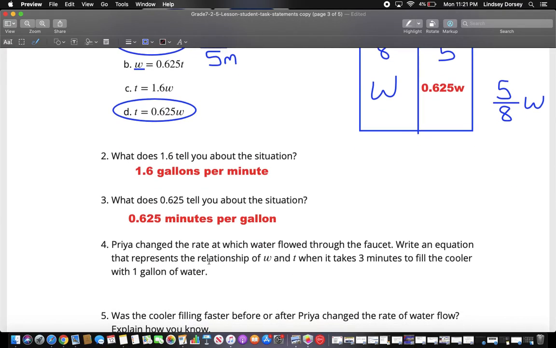So it says she changed the rate at which water flowed through the faucet. So write an equation that represents a relationship of W and T when it takes 3 minutes to fill the cooler with 1 gallon of water.